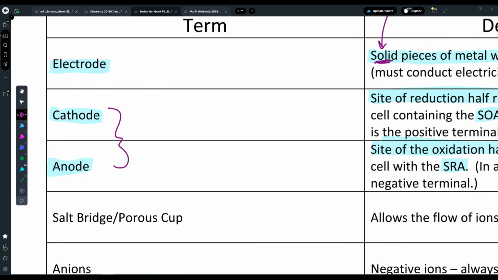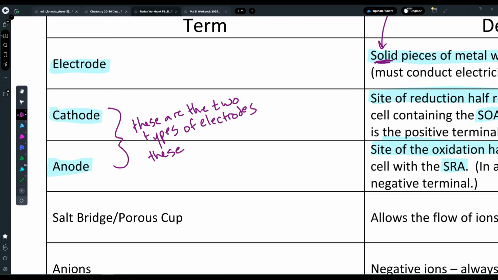Okay, so these are the two types of electrodes. So one's going to be your positive terminal, that's your cathode. The other one is going to be your negative terminal, which is your anode.